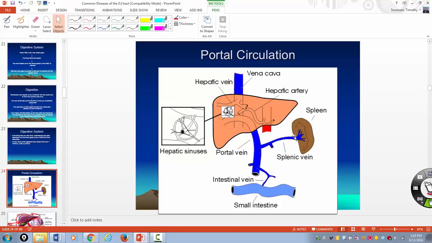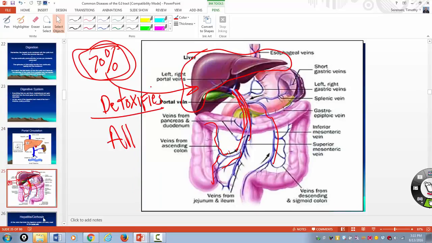The other thing that's important to note too is that the spleen is also connected to the portal vein. So when you get liver problems, you can get spleen problems, like an enlargement of your spleen. So let's talk about that first. And again, one more time, when an organ fails, all the functions of that organ fail.